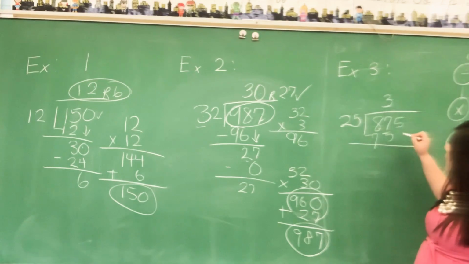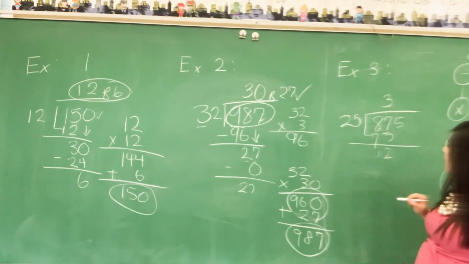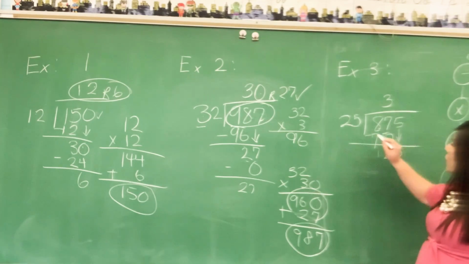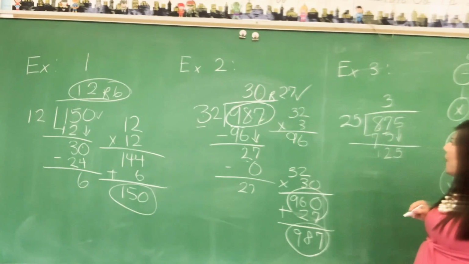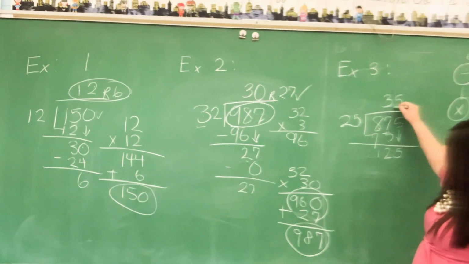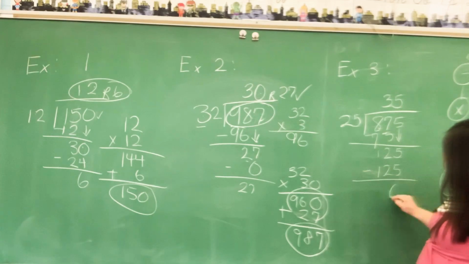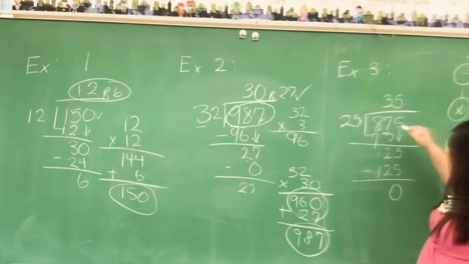Then 8 minus 7 is 1. Here we have 125, we bring down the 5. 125 divided by 25 is what? Is 5. Very good. 5 times 25 is 125. I have no remainder. So my answer is 35.